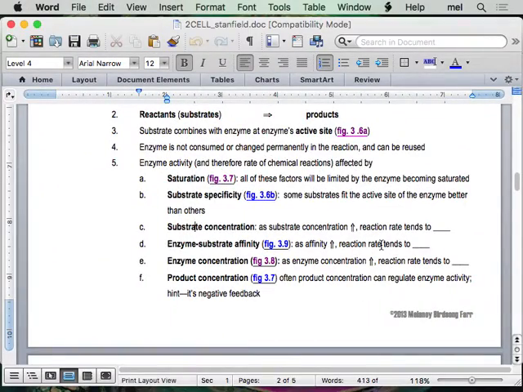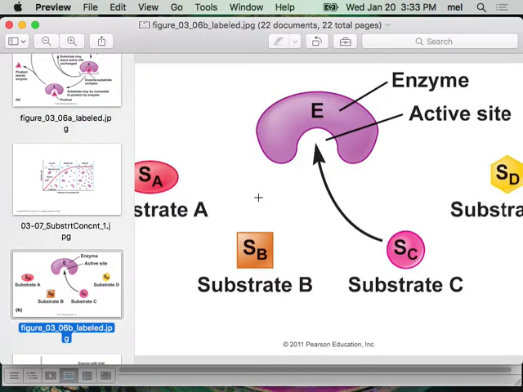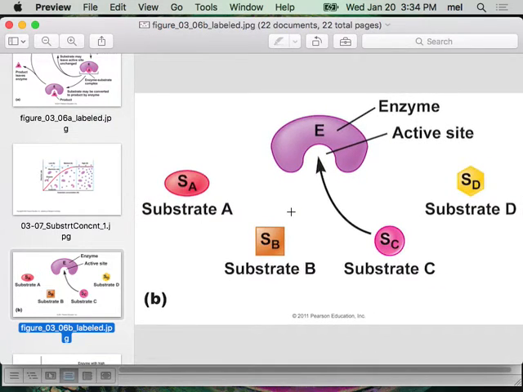Okay, so the next two sound very similar, but they're different. So you have to listen to the differences between them, and you may or may not have heard of these before. This one is called substrate specificity. I know that people tell you that there is only one thing that fits in a binding site, but they're only kind of telling the truth. Because there are a lot of chemicals that have a similar structure.